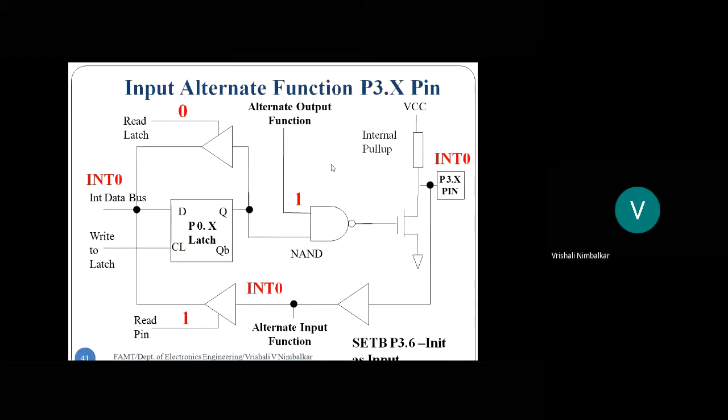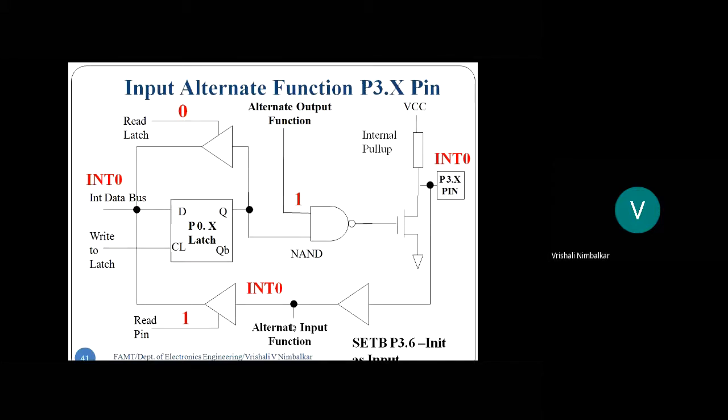So we saw at the upper side, you have the alternate output function, which the microcontroller will be sending on the pin. That's an output function. And at the downside of the slide, you have the alternate input function. So what is this alternate input function? See, this is wire ended with that buffer, the triangle one.